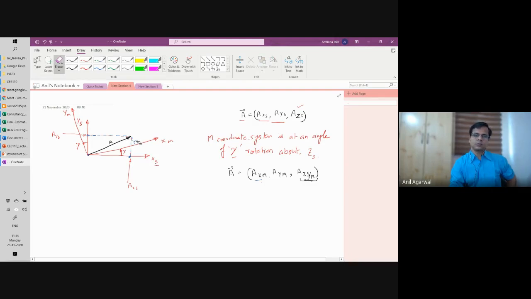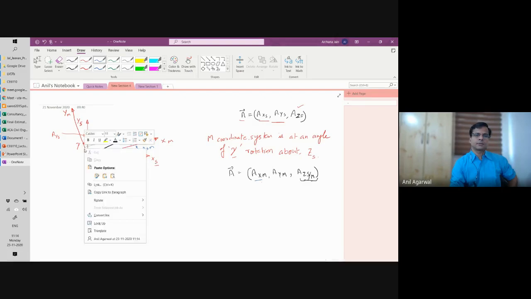So this value will be AXM. And if I take a projection in this direction, sorry, it's not parallel, on this axis, what will this be?